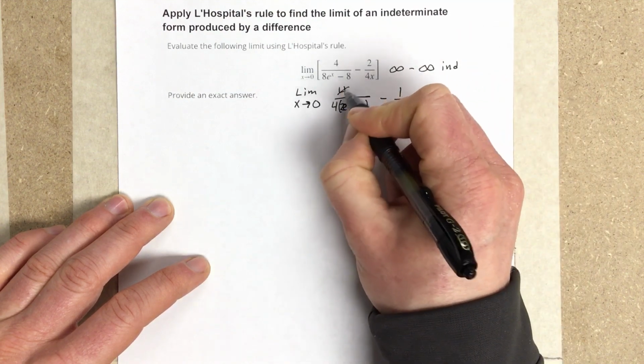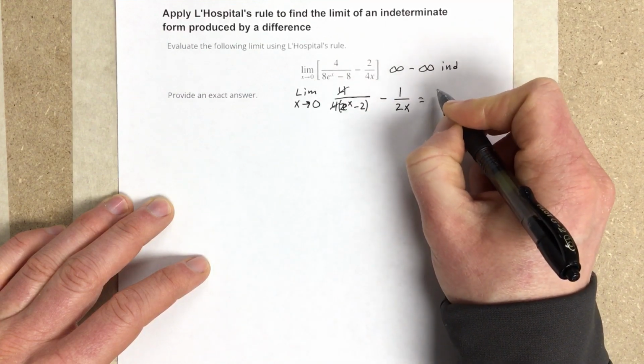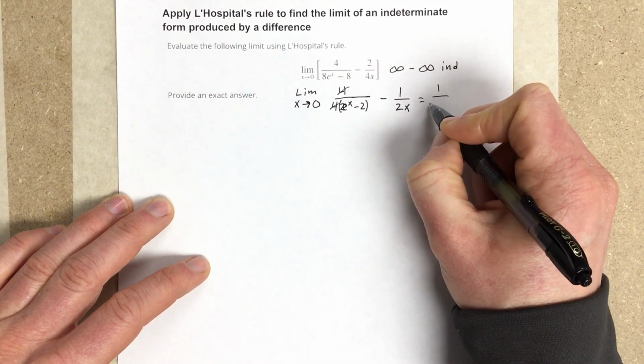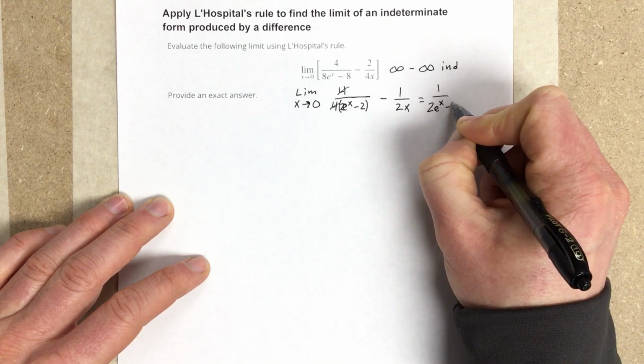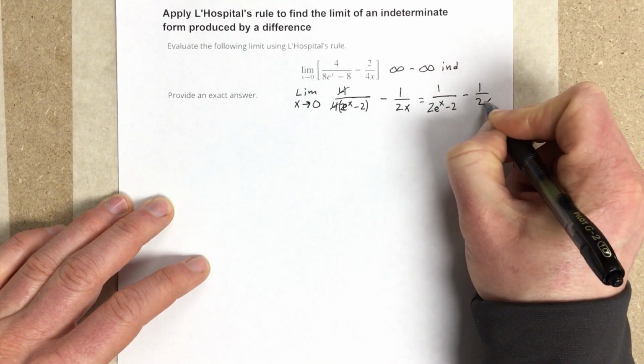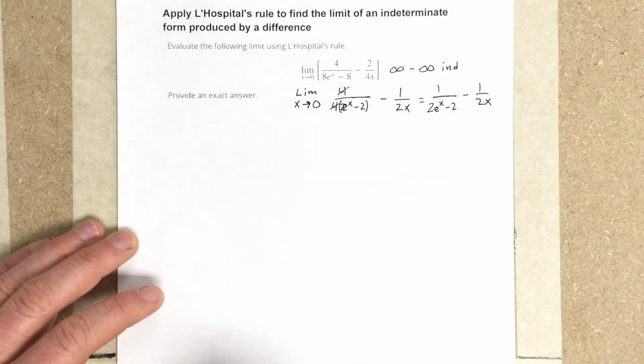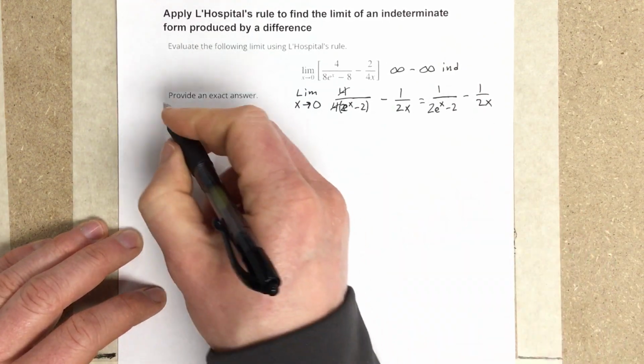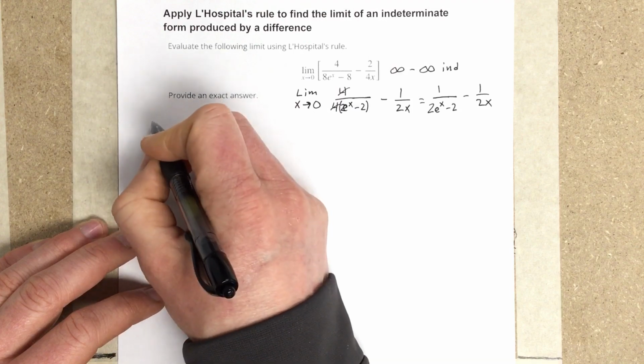So these 4's will cancel, and I'm left with 1 over 2e to the x minus 2 minus 1 over 2x. I'm just doing that so that when I combine these fractions together, it's a little simpler process.